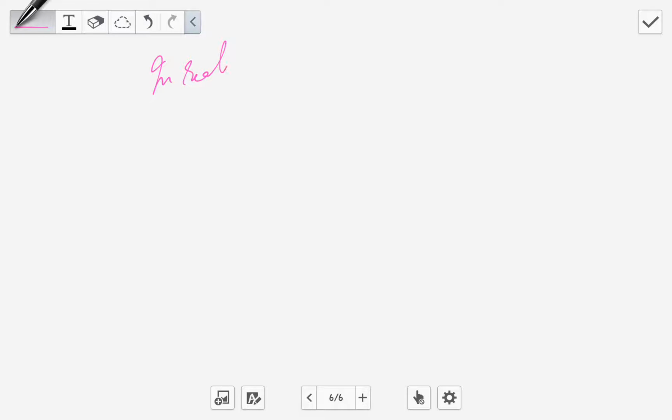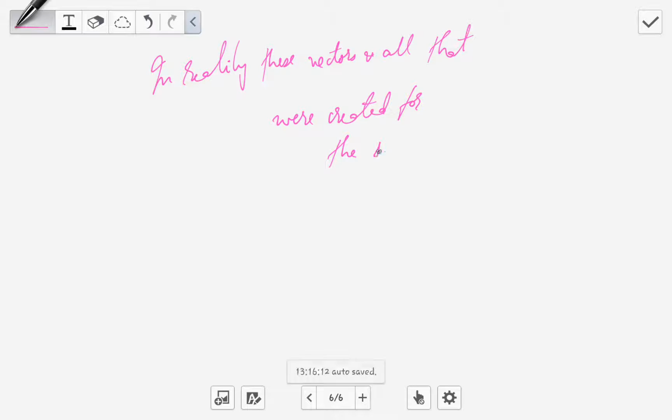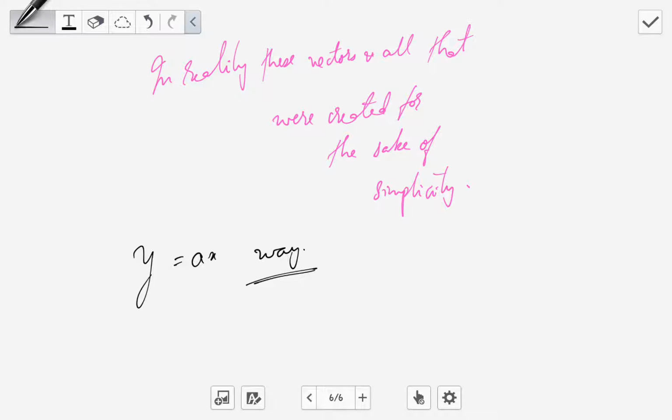In reality, these vectors and all that were created for the sake of simplicity. What does that mean? We wanted to see everything in the original way we were used to, that is the y is equal to ax way.